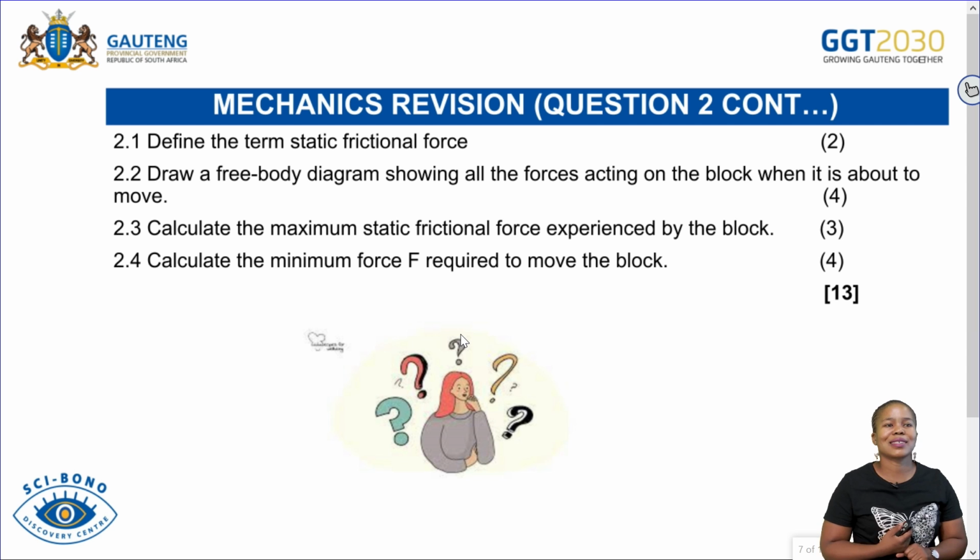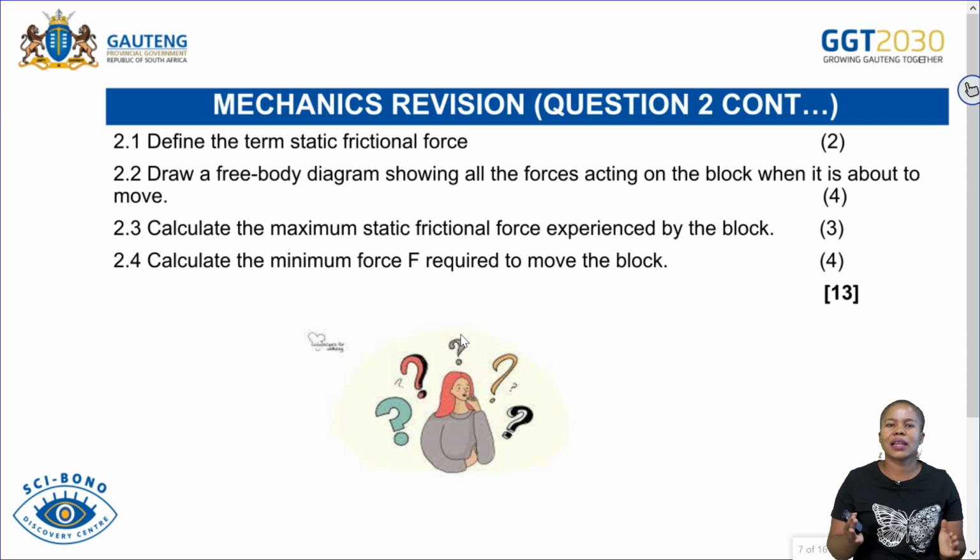So the first one is saying, define the term. We are defining first of all, because by knowing the definition of a force, we are able to apply it, to calculate it, and to draw it, should we be required to draw it in a free body diagram or a force diagram.